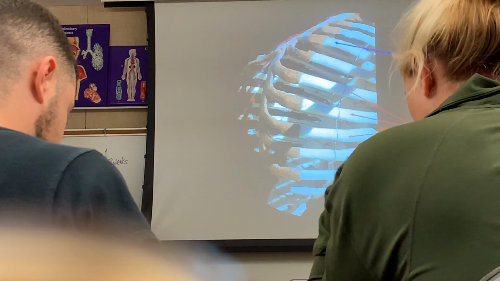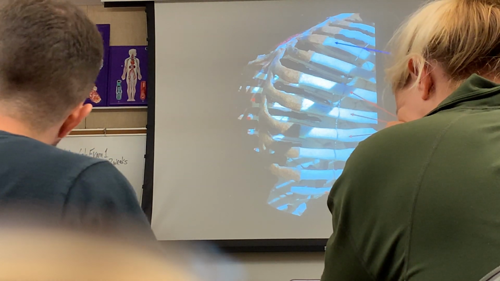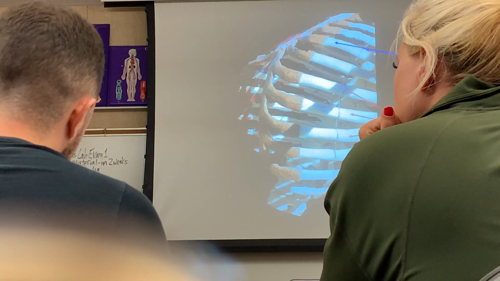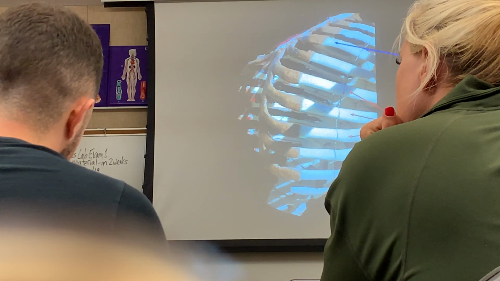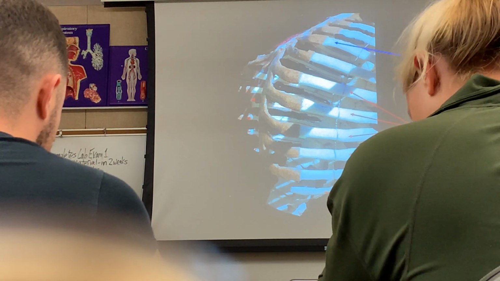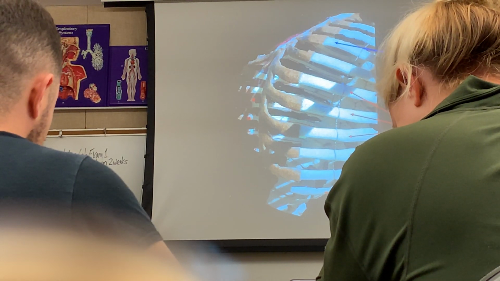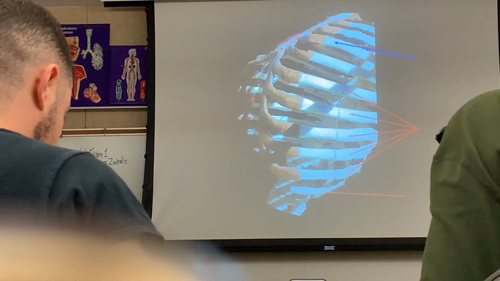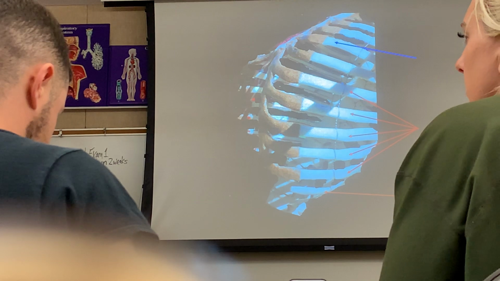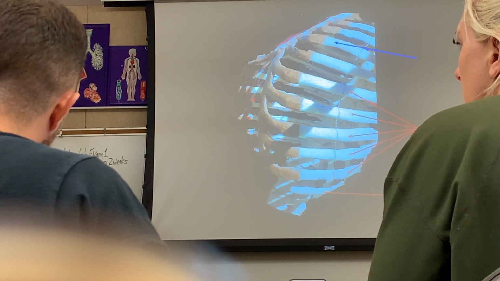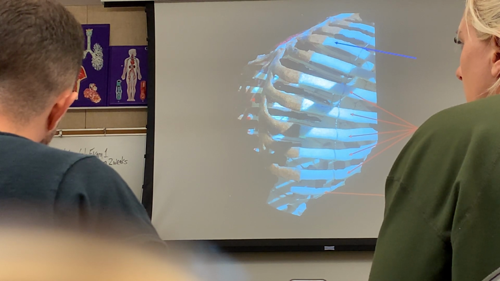6 through 10 share 1. That's a false rib. 11 and 12 are also false ribs, but they are called floating ribs because they lack hyaline cartilage articulations. They're just floating. 6 through 10 all share 1, false ribs. 11 and 12 are also false ribs, but they are specifically floating ribs.